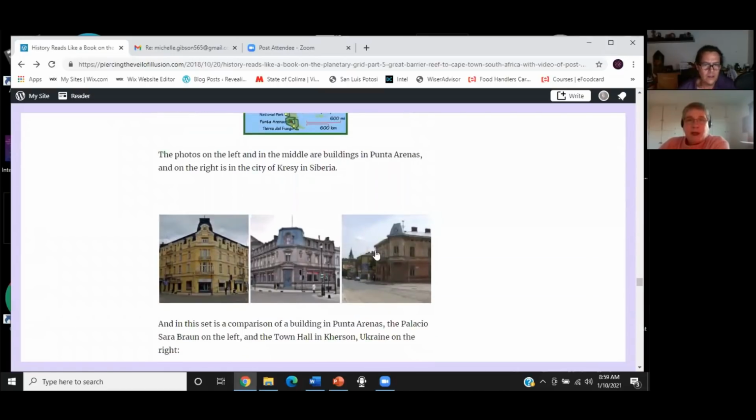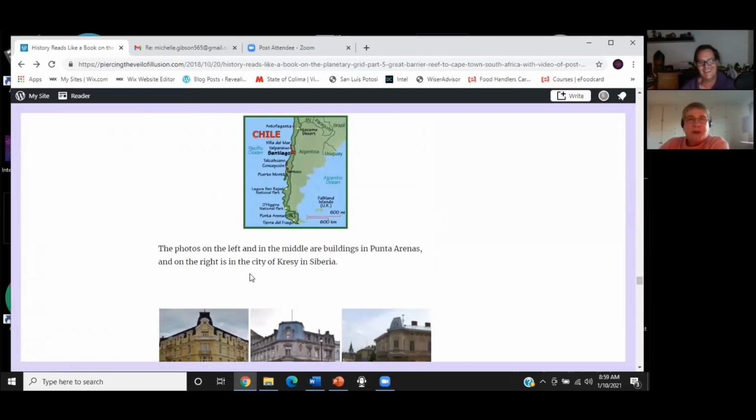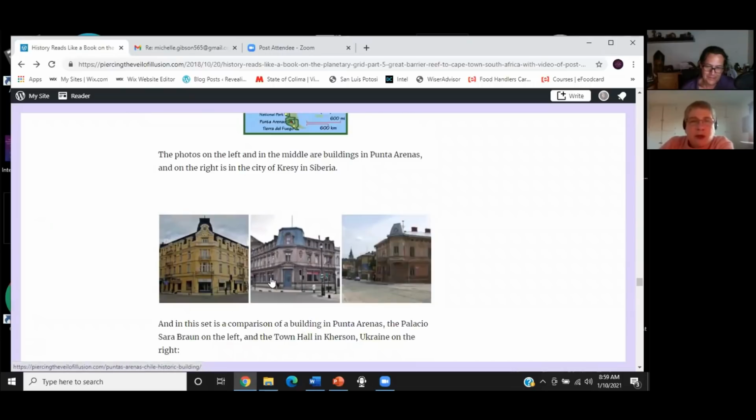This is what you find in Chile. All right, so this is in Punta Arenas in Chile, and then this is in Siberia, in the city of Kresy. Same architecture, right?